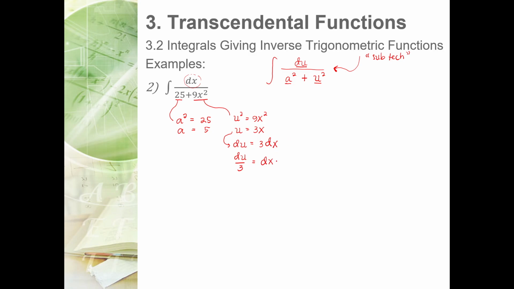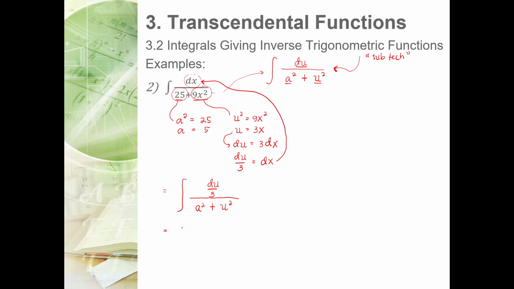So this term here is the one in the numerator. So notice that we have replaced every term in the given integrand as the format in the right side. So it simplifies into, the numerator dx is equal to du all over 3, all over a squared plus u squared.